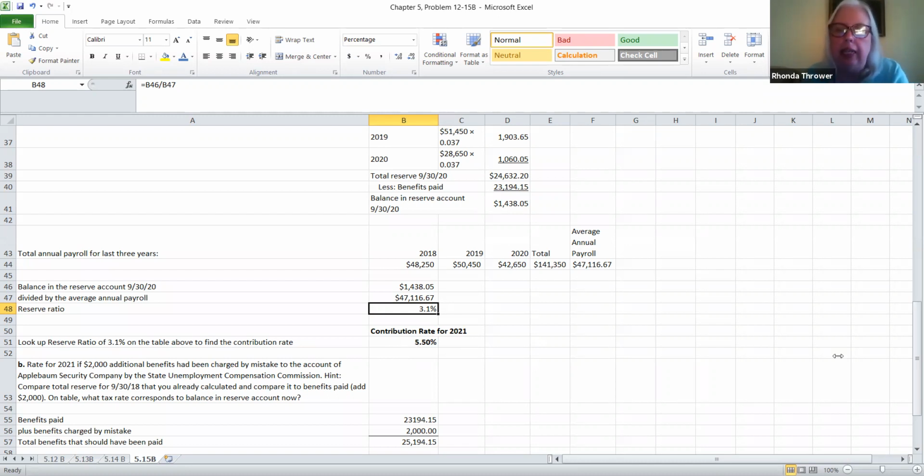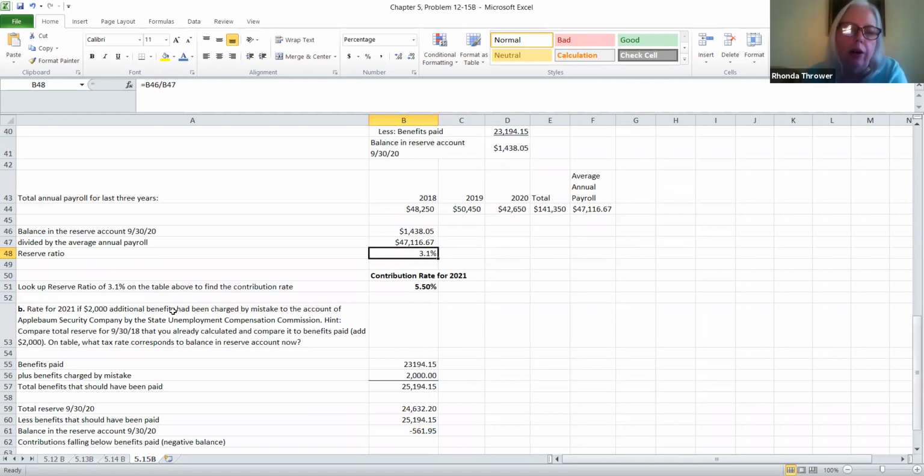Now in B, they did a what if analysis, and they're showing you the rate for 2021. What's the rate for 2021 if 2,000 additional benefits had been charged by mistake to the account of Applebaum Security Company by the State Unemployment Compensation Commission. And they're telling you here a little hint.